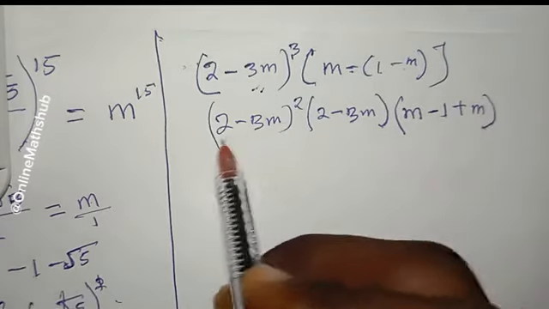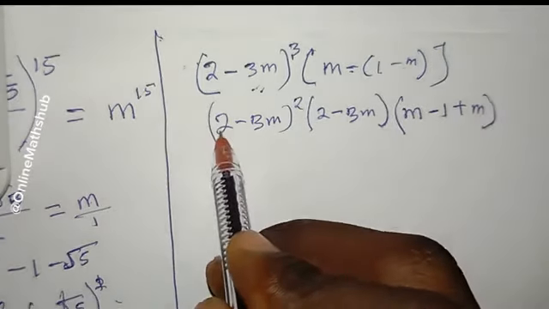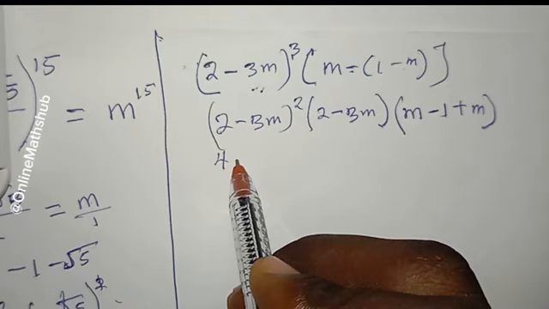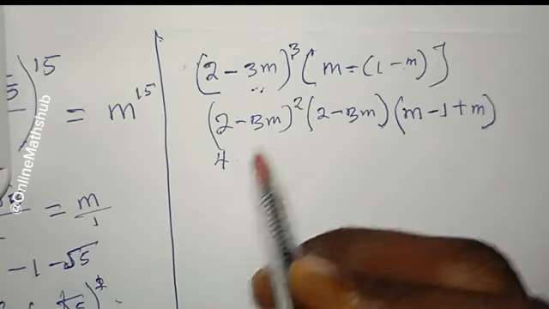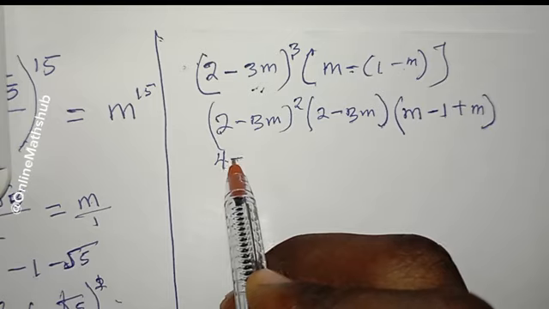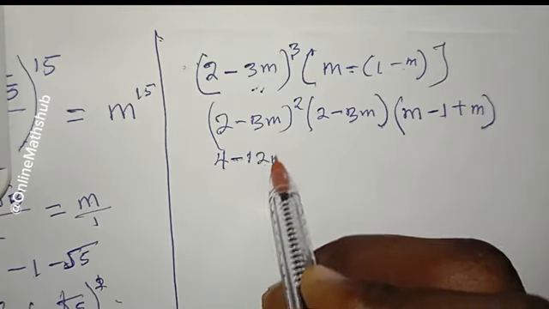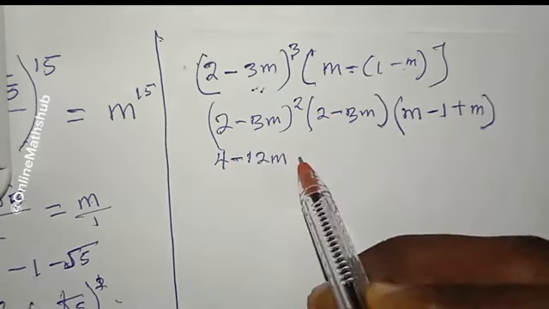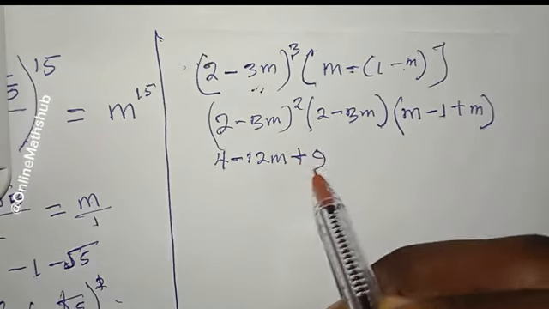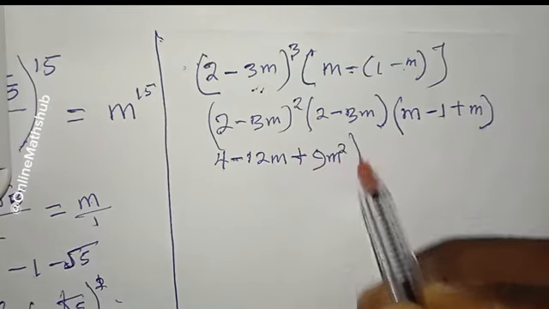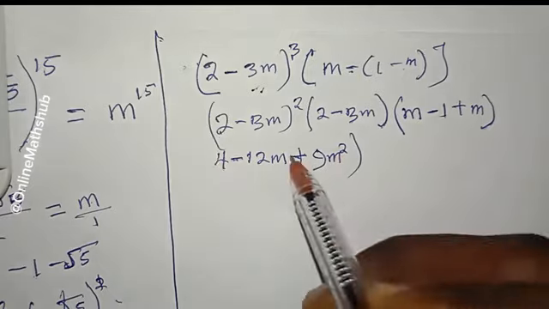Okay, I'm also going to simplify this bracket. So if I do that, 2 times 2 here is 4, and then 4 times minus 3m will give us minus 12m. Okay, and then minus 3m times minus 3m will give us plus 9m squared. That is for this.